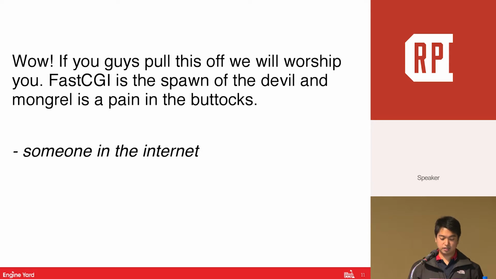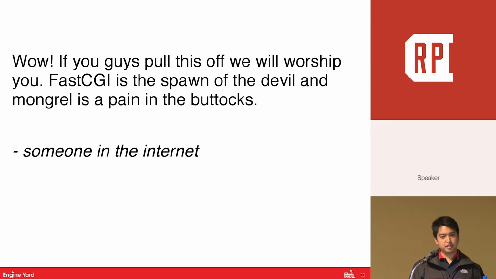So Passenger was a big change as well. I mean, they tried running Mongrels, but think about shared hosting, with thousands of people on one server, and you provide them with one Mongrel each. It would use a lot of memory. The other thing Passenger gave us is the global queue.